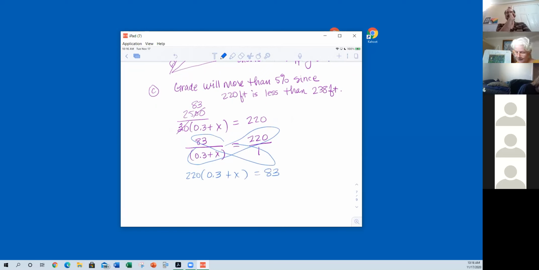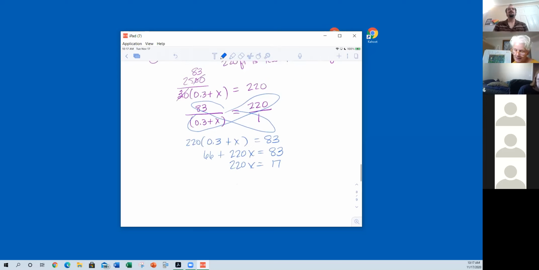And if I distribute that 220, that gives me 66 plus 220x equals 83. So 220x is going to be 83 minus 66, 17. Divide both sides by 220.